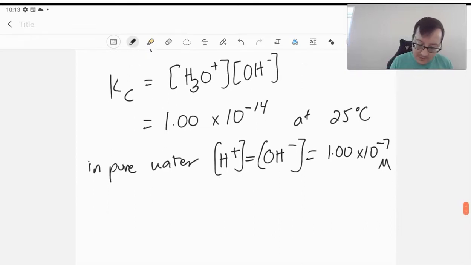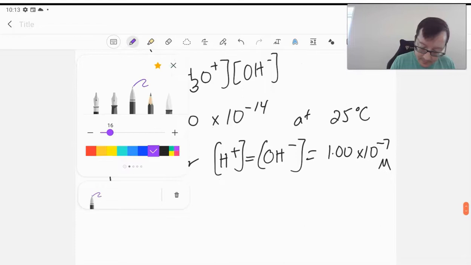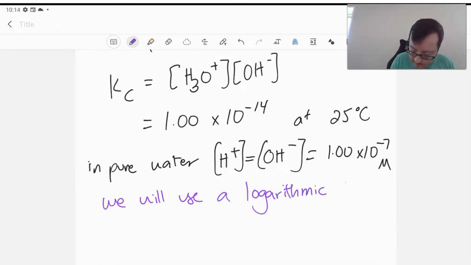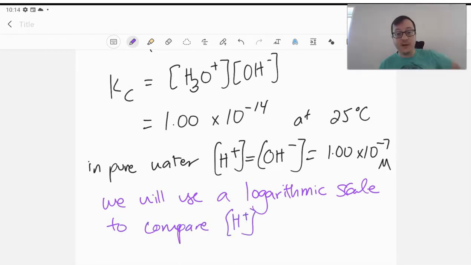What we do is we're going to use a logarithmic scale to compare H plus of different solutions.